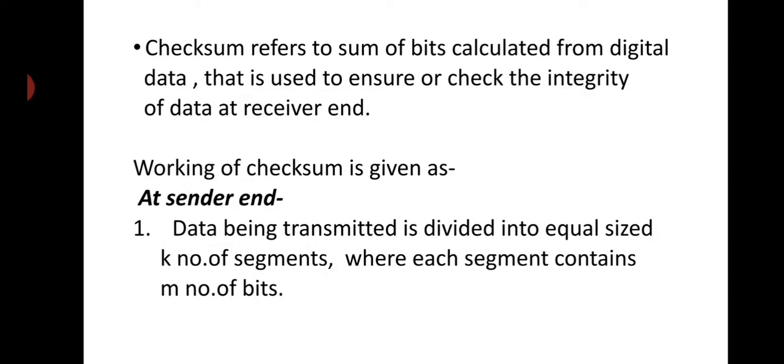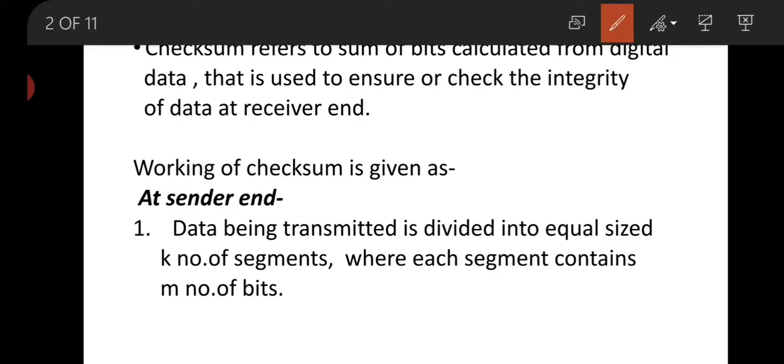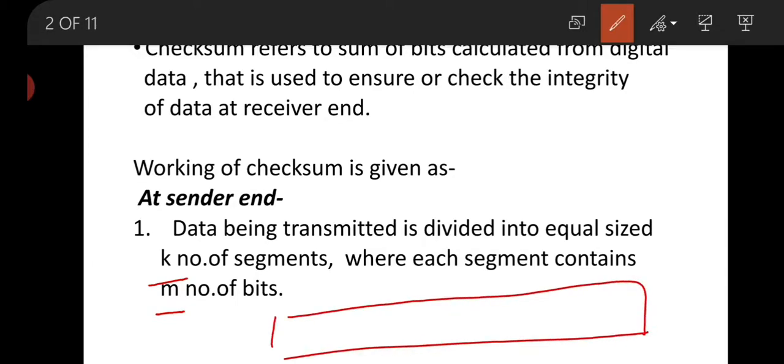The first step is that the data being transmitted is divided into equal sized k number of segments, where each segment contains m number of bits. k and m are variables that can be of any size, but the whole length of data is divided into k segments, and each segment has m bits.